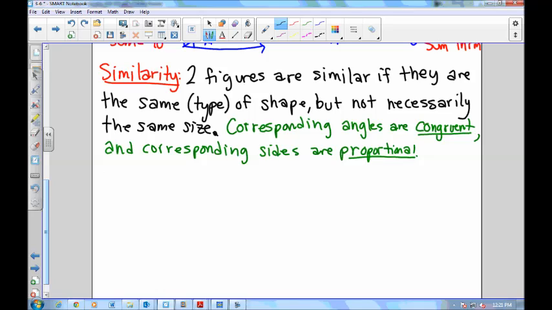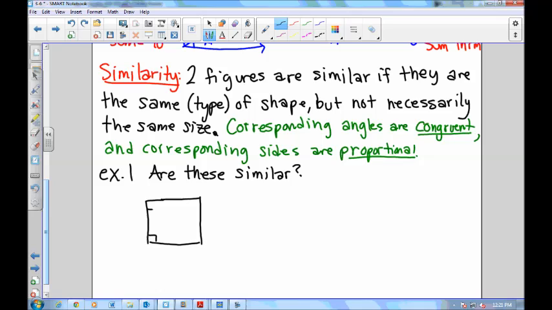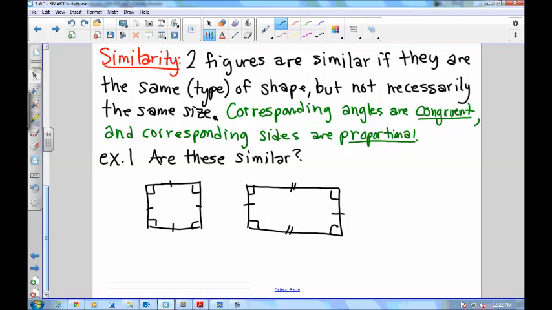Okay, example 1. I'm going to draw two figures, and I'd like you to determine, based off the definition, if these are similar. Draw them and then decide, based off the definition, are these two figures similar?